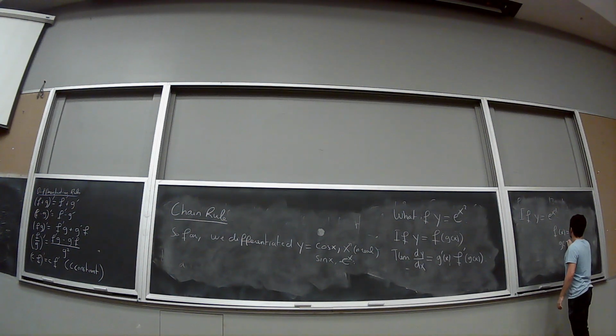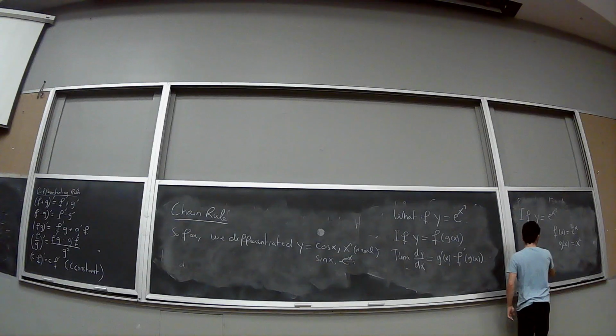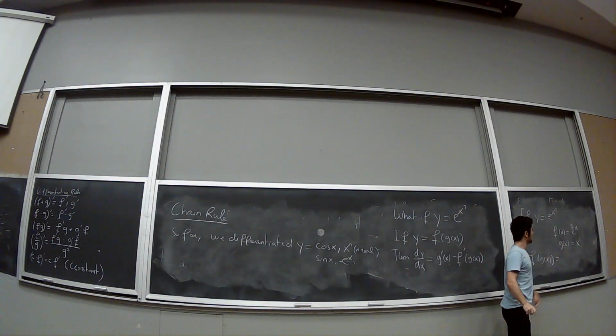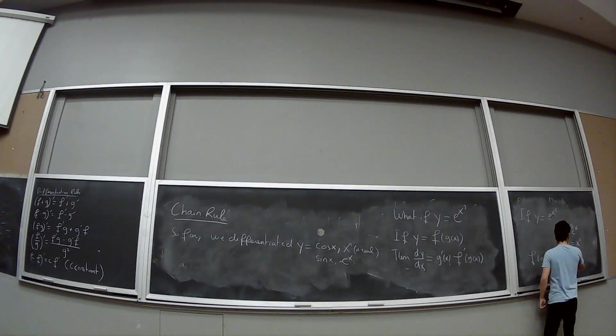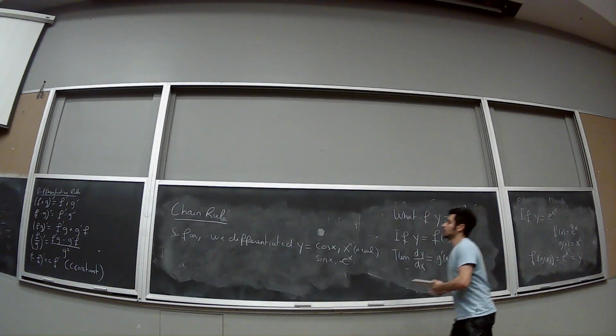And g of x is x squared. You see that? If you take f of g of x, what do you get? You get e to the x squared, which is equal to y. So y is f of g of x.